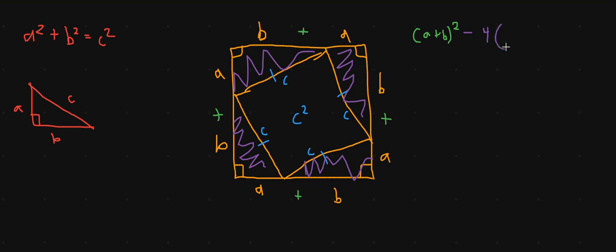So since we have four triangles, 4 times, and the area of a triangle, remember, is half one side times the height. In this case, a 90-degree triangle, right? So the height is just B, so we can just say half AB. And remember, this is equal to C squared.